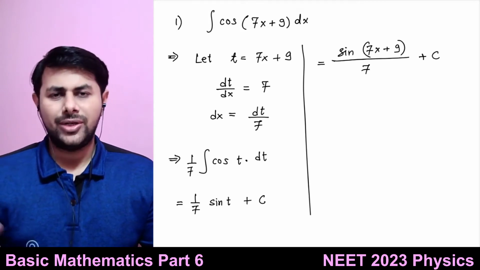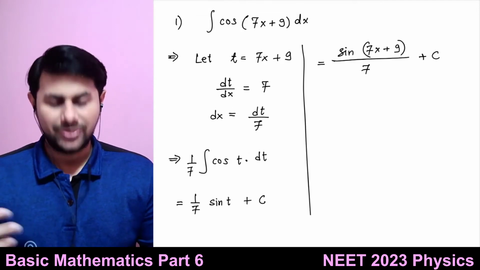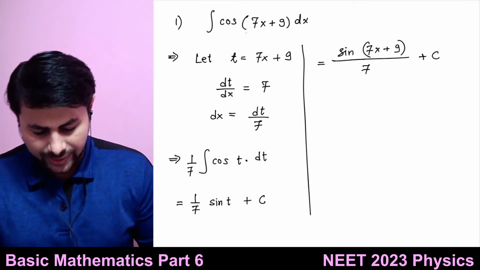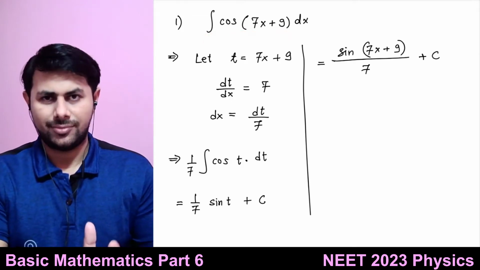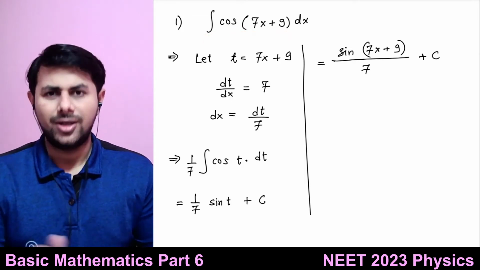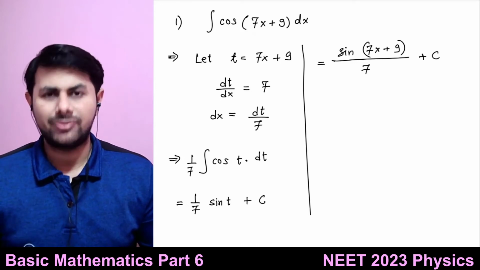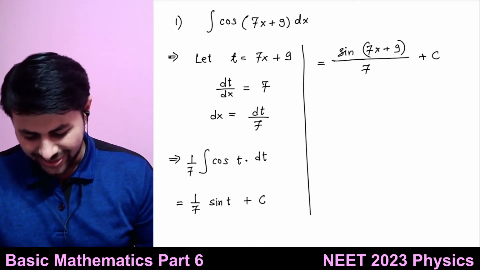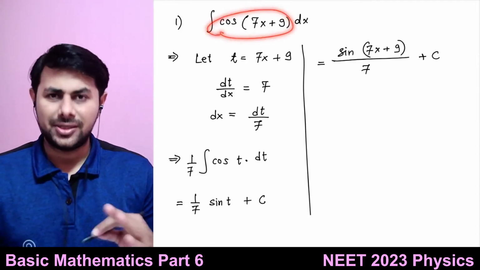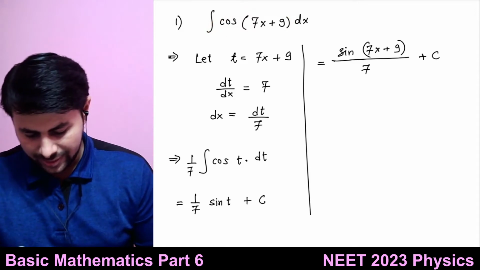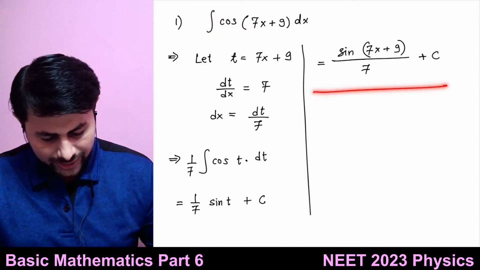So this is by doing substitution, right? Instead of doing all of this, what I'm saying is, just take this thing, it is cos of something. So what will be its integral? It will be sine of that thing only.